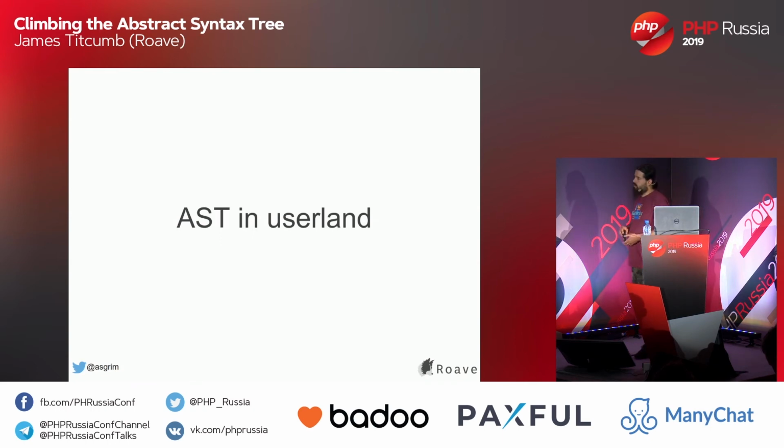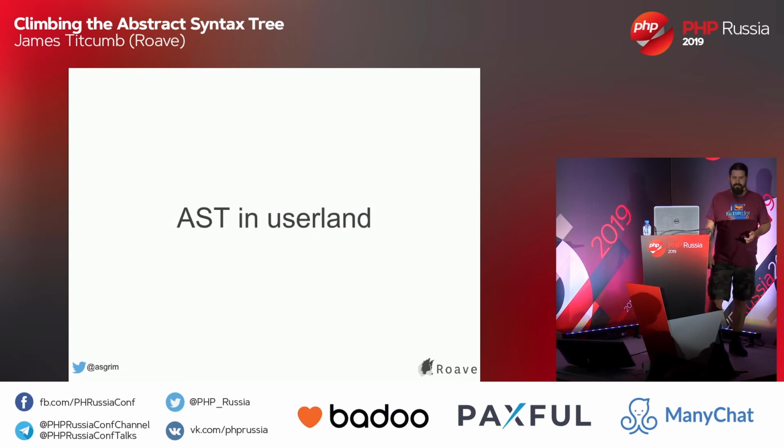So what about using the AST in userland, right? What use could I possibly have from that? Well, it allows us to get good insights into what's going on in your code, right? It allows you to examine the structure and say, oh, my class, it looks like this, it has these properties, and so on. Which is fine, but your eyes can see that.